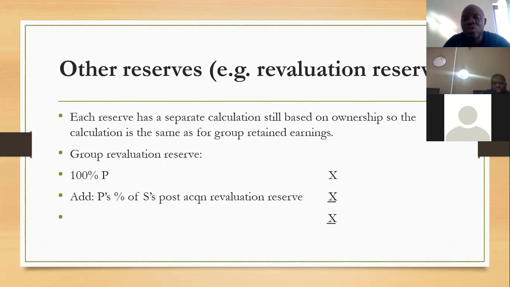But the principle will always be that you pick 100% from the parent company and pick the post-acquisition revaluation reserve, only that portion that belongs to the parent undertaking. So the principle is the same. You get me? Yes.